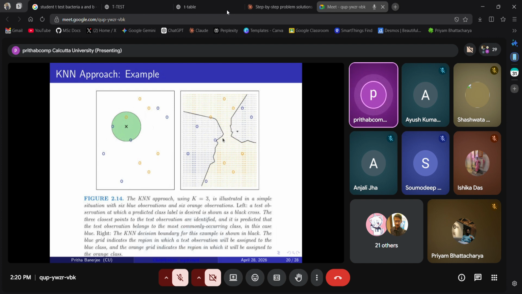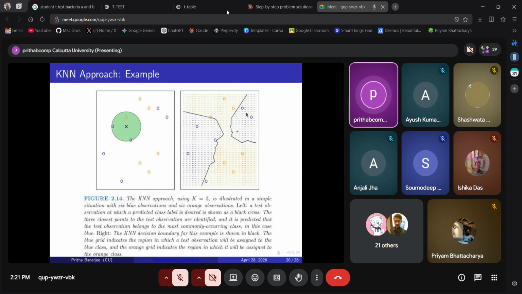Now if you look at these figures, this black line is what is giving the decision boundaries for the KNN. What you see is that this decision boundary is neither continuous nor linear. So it is very flexible. All the points within this decision boundary will belong to the class blue.